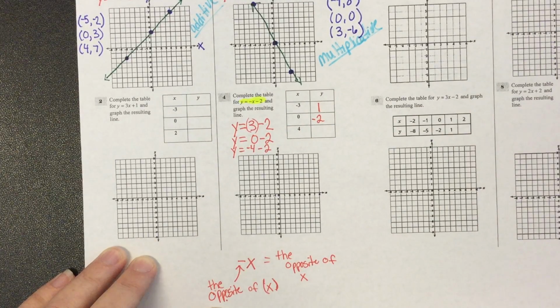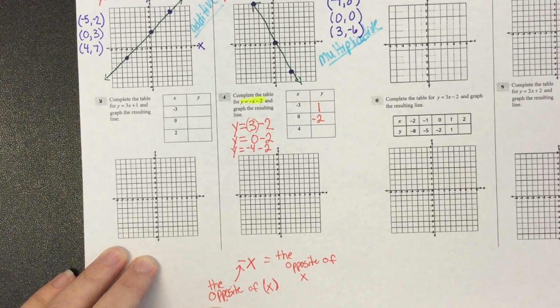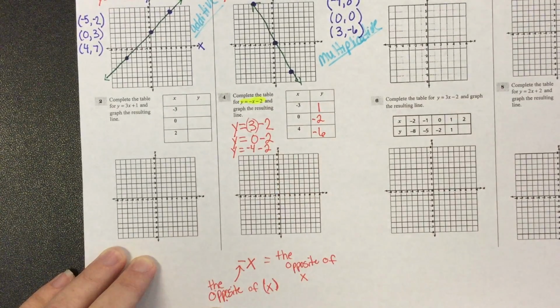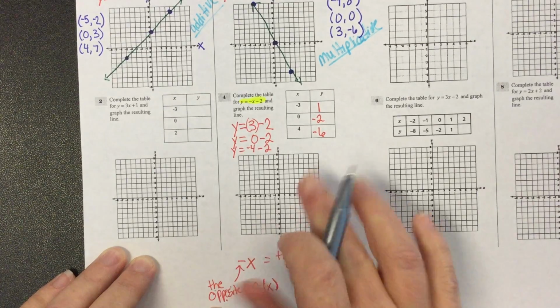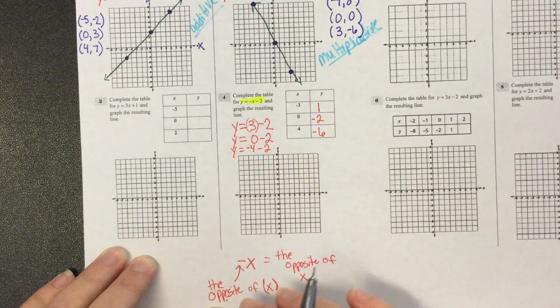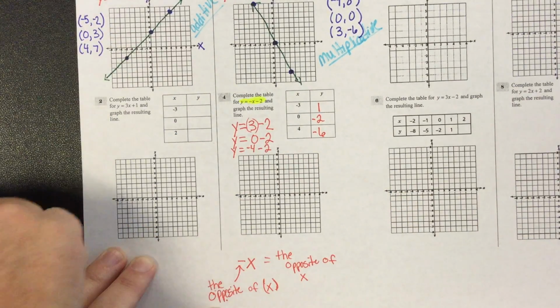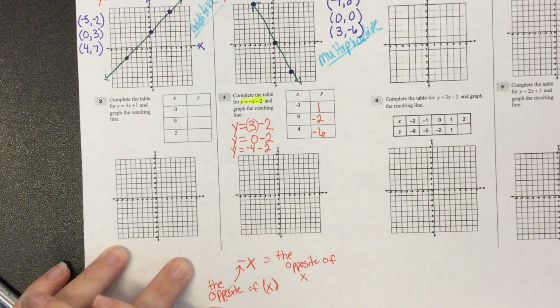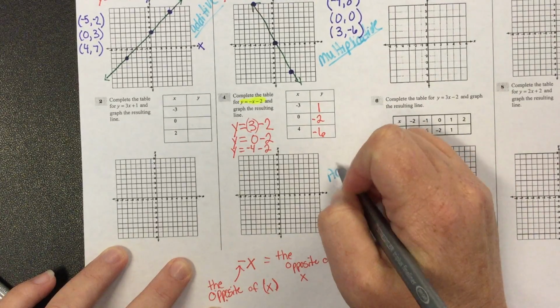Keep, change, and I'm going to get what is my output? McKenna. Negative 6. Pretty easy, right? And then I'm going to go through here and I'm going to do what? Plot it. What type of relationship is this? Go for it. Additive.